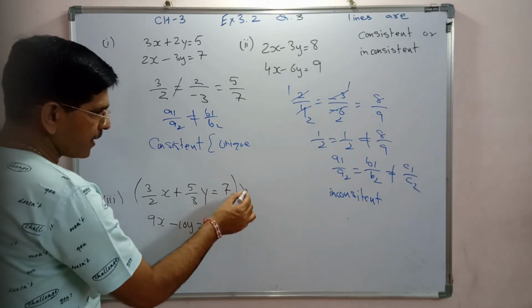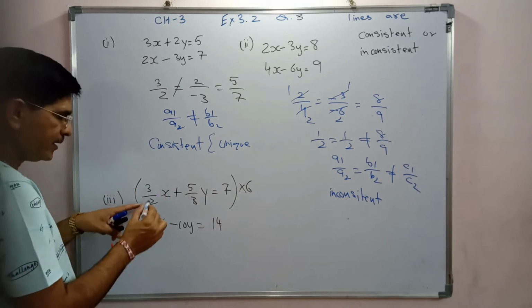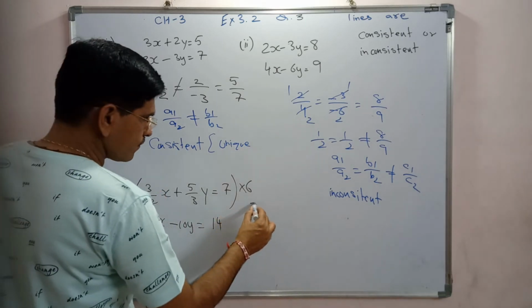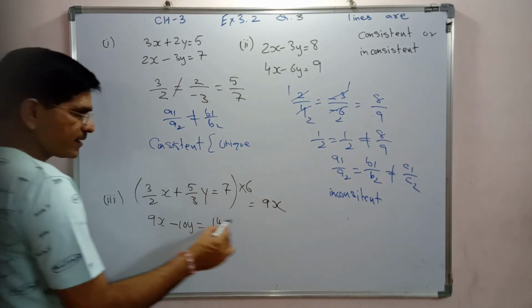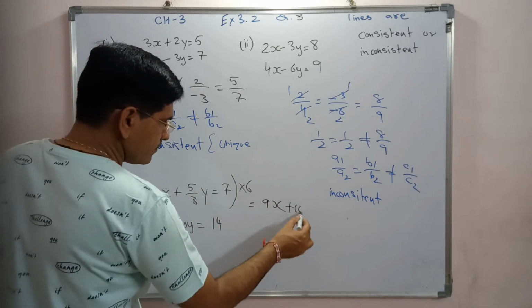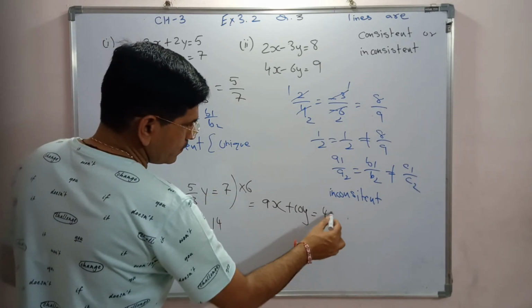If I multiply the whole equation by 6, then 6 times 3 is 18, divided by 2 is 9. So 9x, 6 times 5 is 30 divided by 3 means 10y, equal to 42.